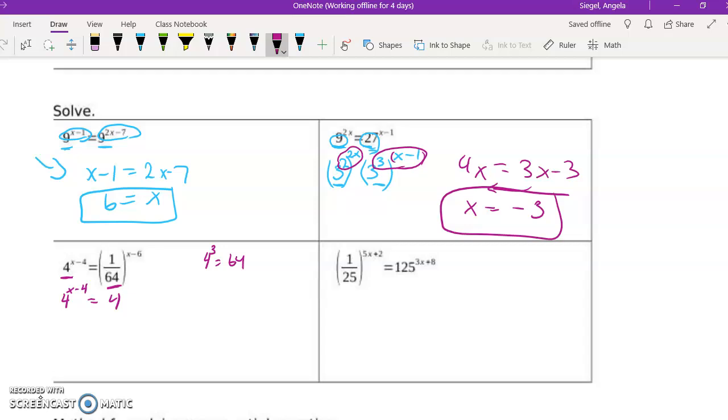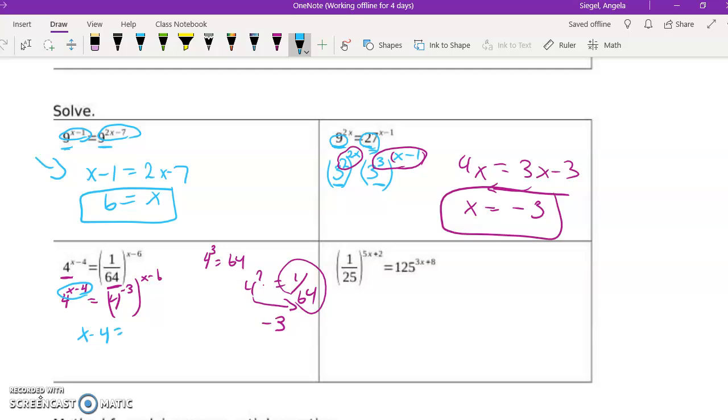But on this side, 4 to what power equals 1 over 64? Well, I know that 4 to the 3rd power equals 64, and because it's a fraction, it's going to be negative 3. So 4 to the negative 3 power is 1 over 64, and then again, I'm just going to keep that exponent.